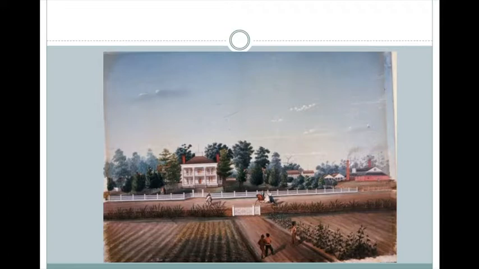A few people in the South spoke out against the planter elite, but most white Southerners supported the planter elite, meaning the plantation owners.